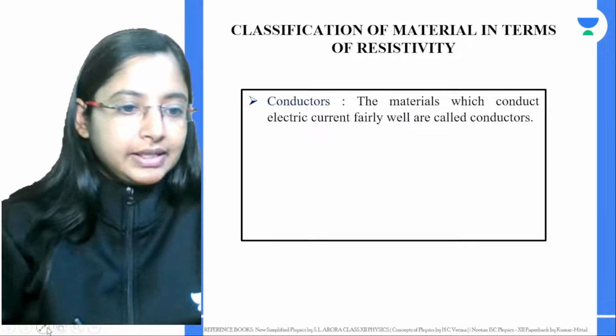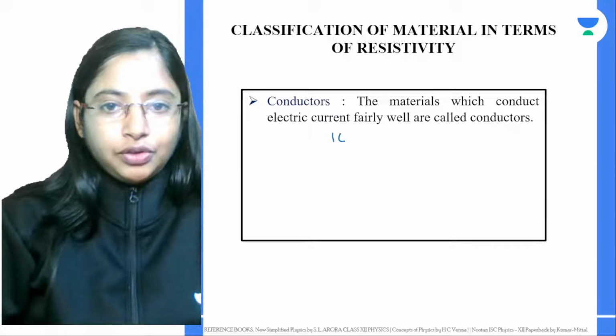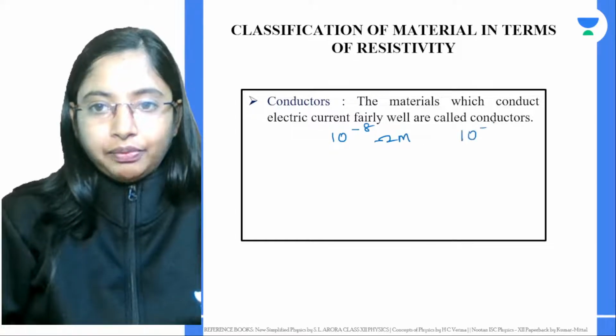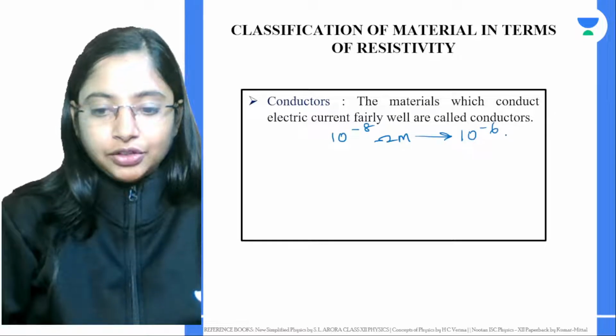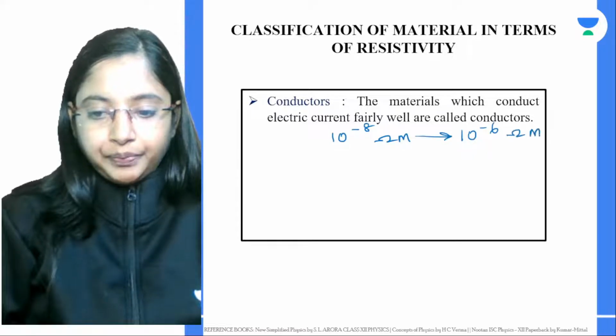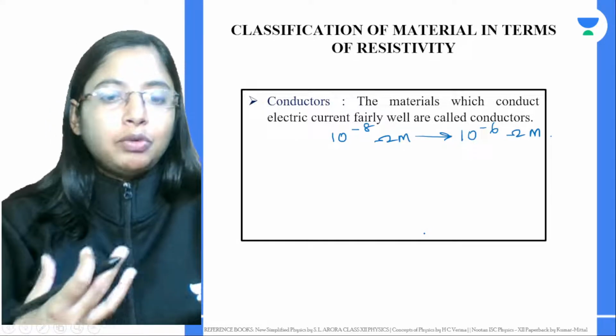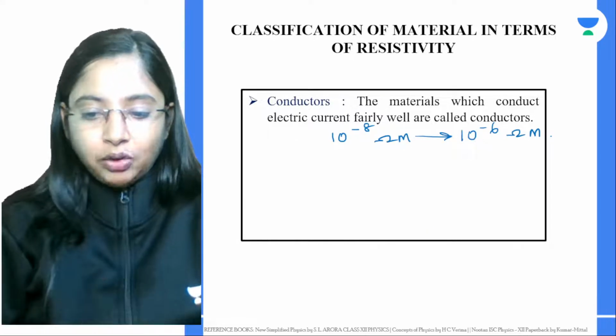Their resistivity is sometimes in the range of 10 to the power of -8 ohm meter to 10 to the power of -6 ohm meter. Copper and aluminium are very good conductors because they have very low resistivity.